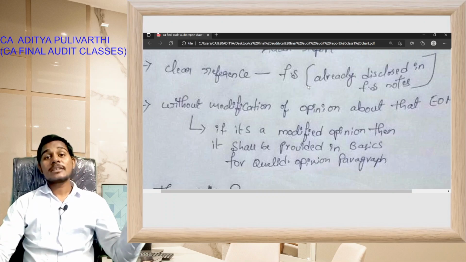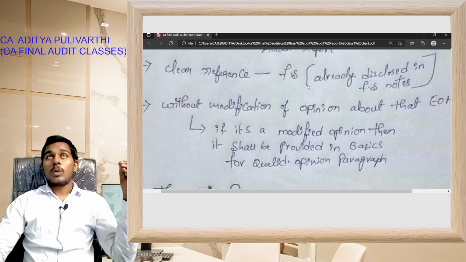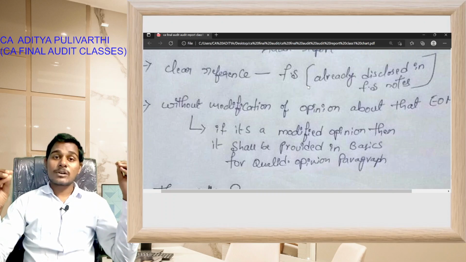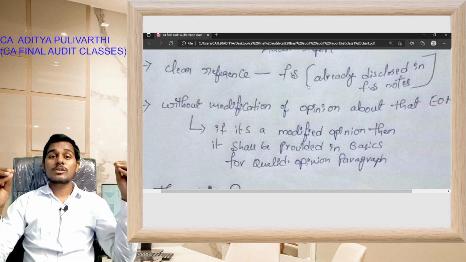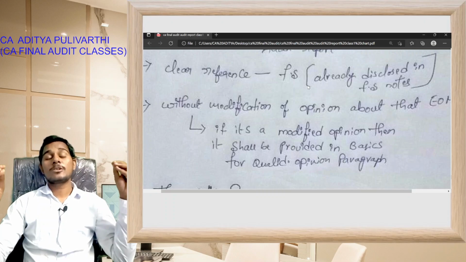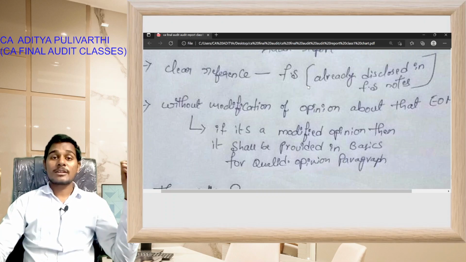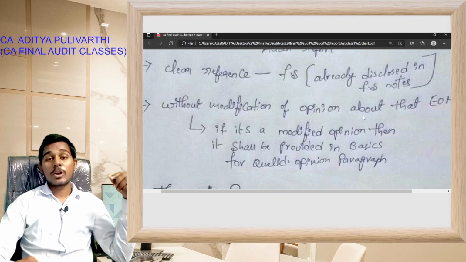Where a matter has to be modified, see students, a matter which should be modified and is already disclosed as required as per SA 705, modification of opinion in the independent auditor's report, that matter should not be provided in the key audit matter paragraph.